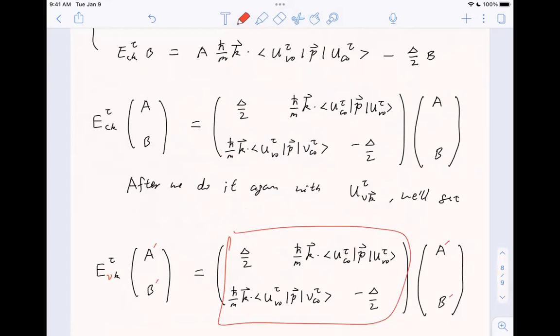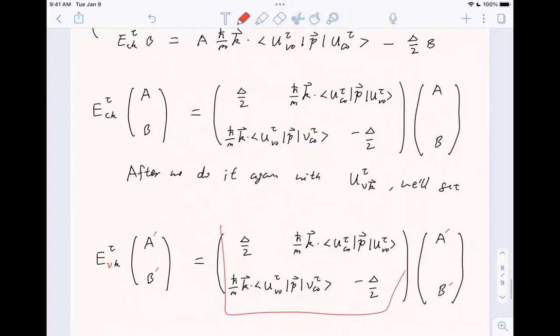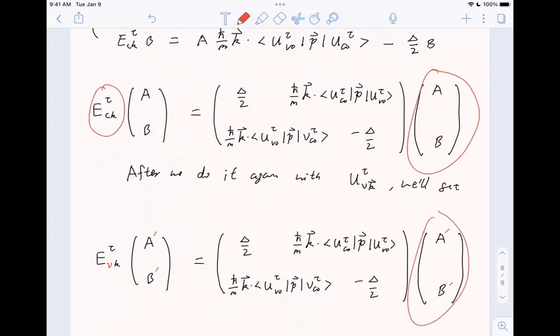So basically what it means is that you have one Hamiltonian. It has two eigenvectors, which correspond to the two eigenvalues. That's it.